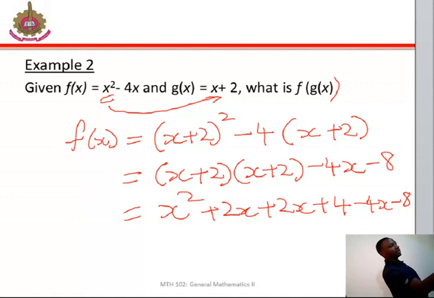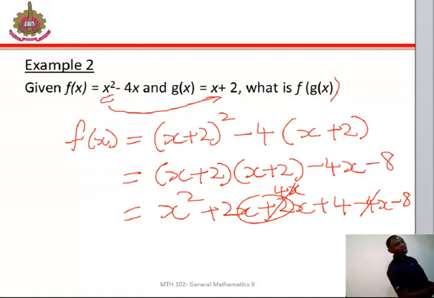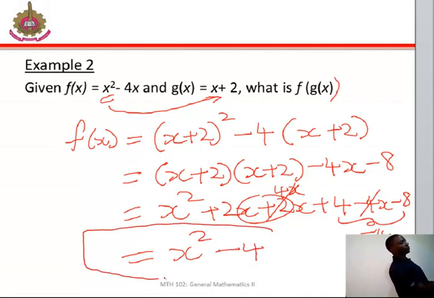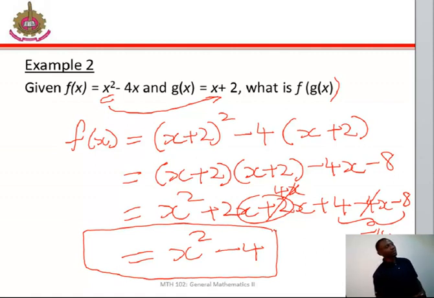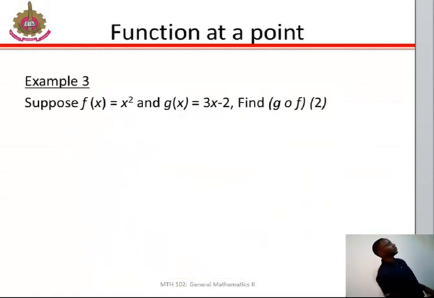Now remember, this is going to give us 4x, which is going to cancel out this, so that is gone. Then plus 4 minus 8, from here we are going to have minus 4. Then our final answer is going to be x squared minus 4. You can see that it's a very simple mathematical expression.